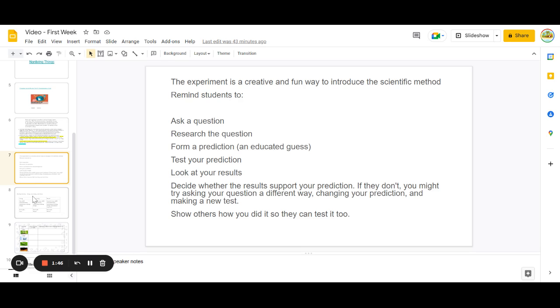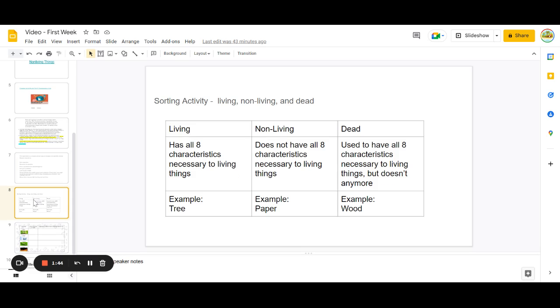After we completed the Sewer Lights experiment, we went into more detail about organisms and classifying them as living, non-living, and dead. I reminded students that in order for something to be living, it must have all 8 characteristics necessary to living things. Non-living means that it does not have all 8 characteristics.